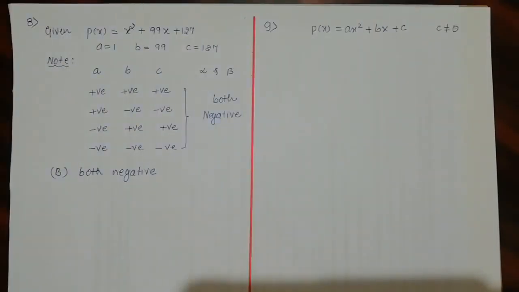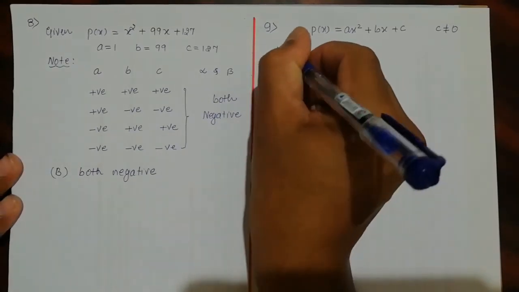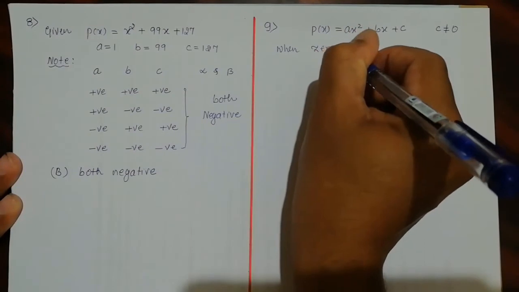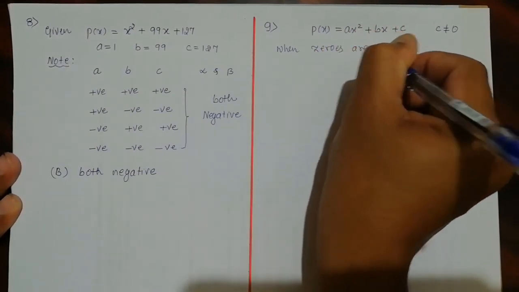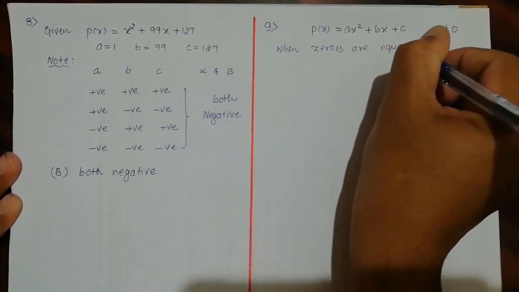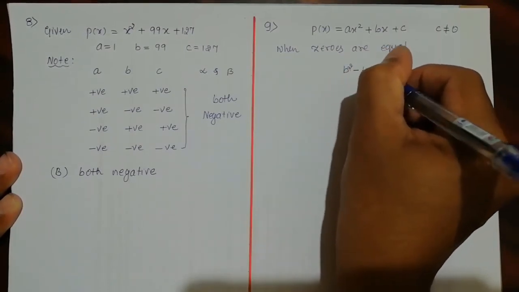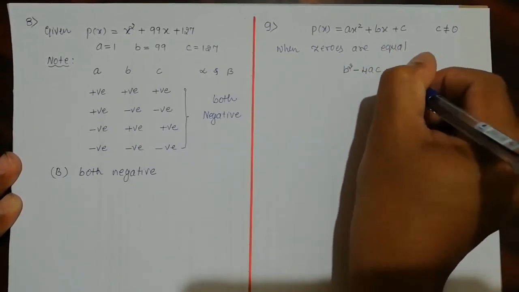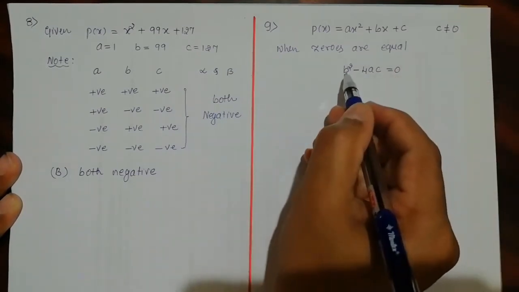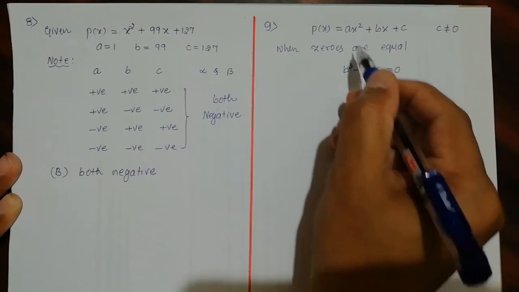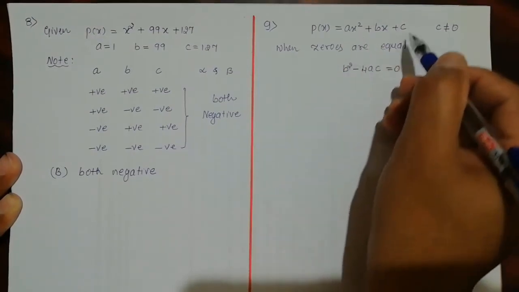For this one you need to remember one thing. When zeros are equal, remember b square minus 4ac is equal to 0. b is the coefficient of x, a means coefficient of x square, c means constant term.